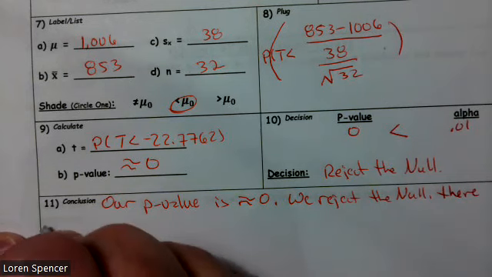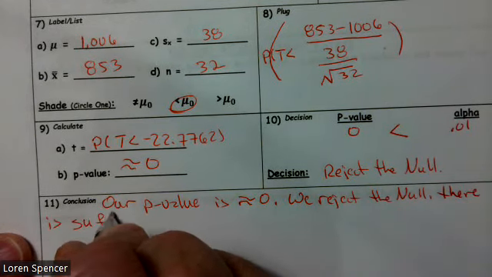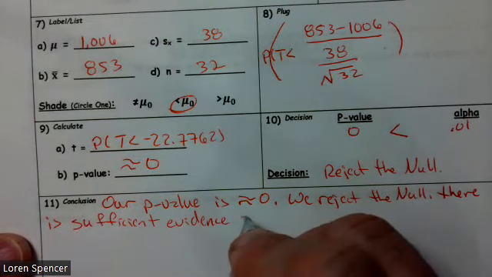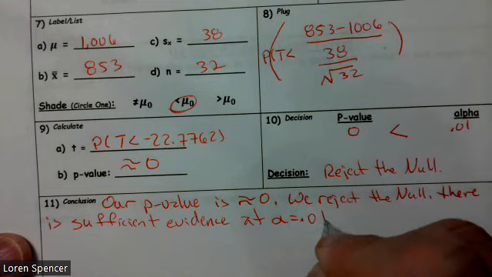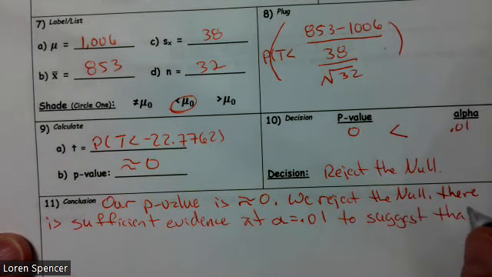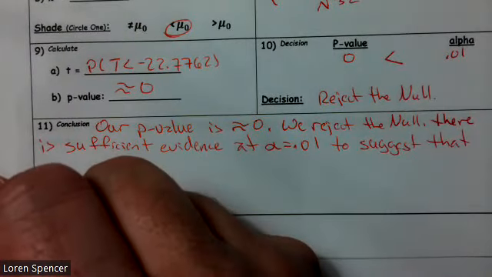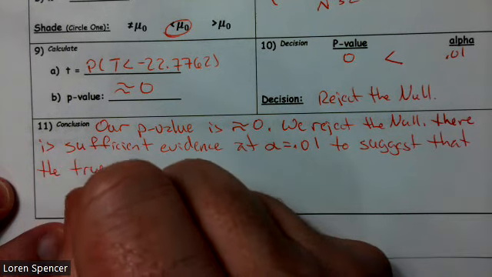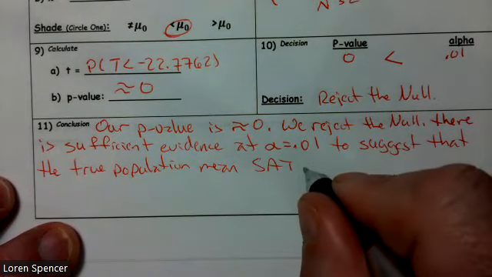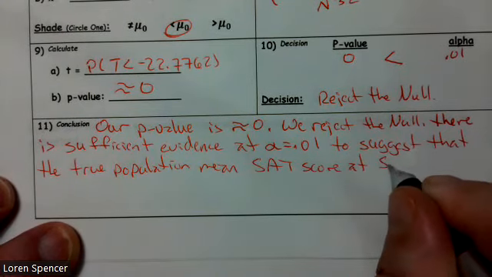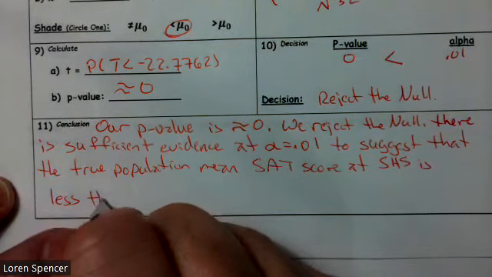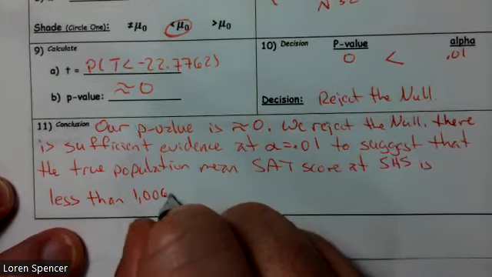There is sufficient evidence at alpha equal 0.01 to suggest that the true population mean SAT score at Somerset High School is less than 1,006. All right.